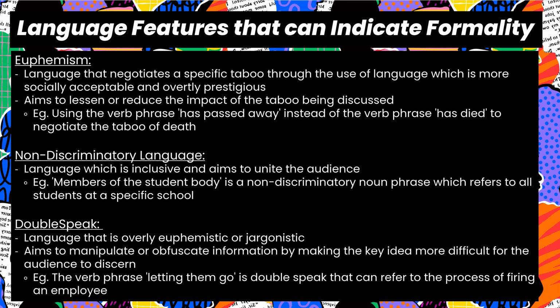So our example for doublespeak today is the verb phrase letting them go, which is doublespeak that can refer to the process of firing an employee. Here, this verb phrase is also euphemistic because it's softening that taboo of being fired or of firing an employee. There's definitely also a case that could be made here too, that letting them go is a jargonistic collocation from the field of employment, that it's language that is absolutely specific to managers, bosses.